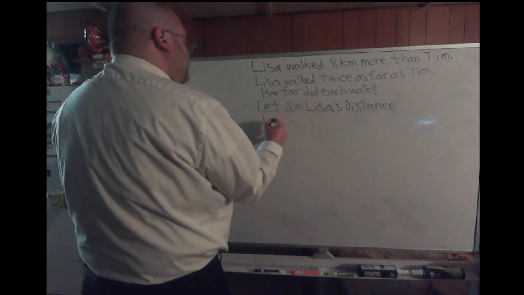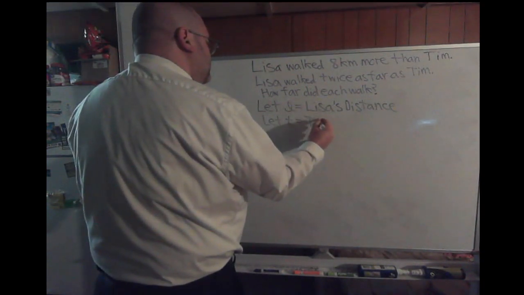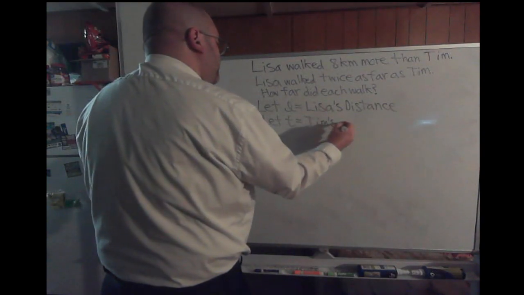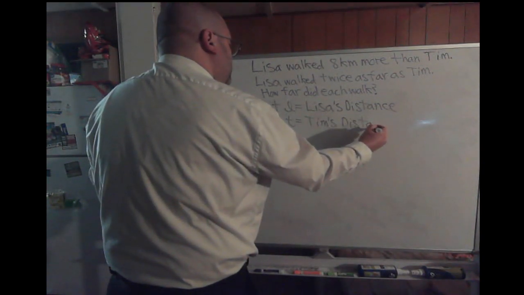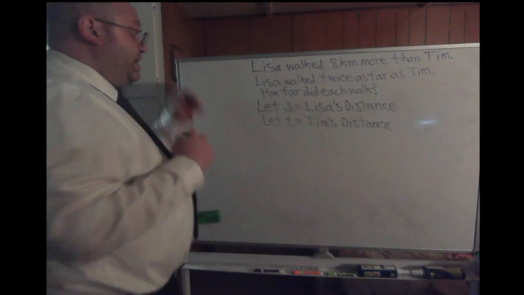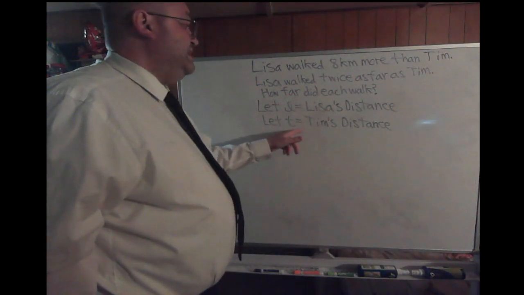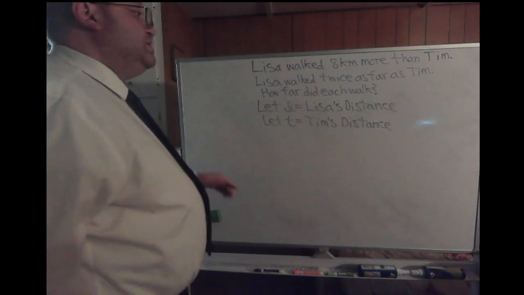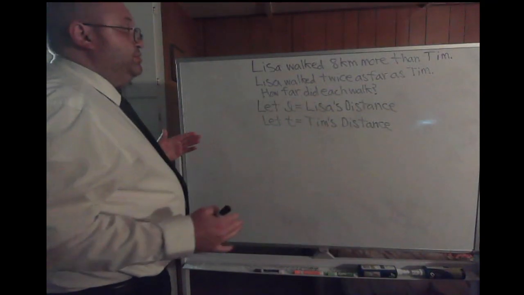Then I'll let T equal Tim's distance. Okay, so I've set L to be Lisa's distance, and I've set T to be Tim's distance. So we've used our foundational let statements to define our variables.